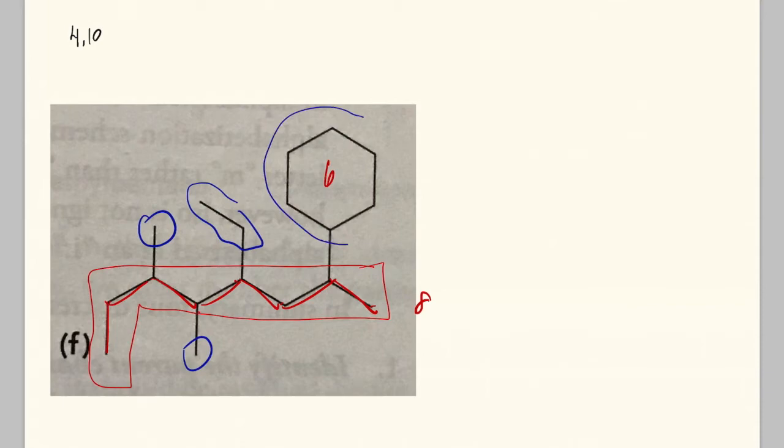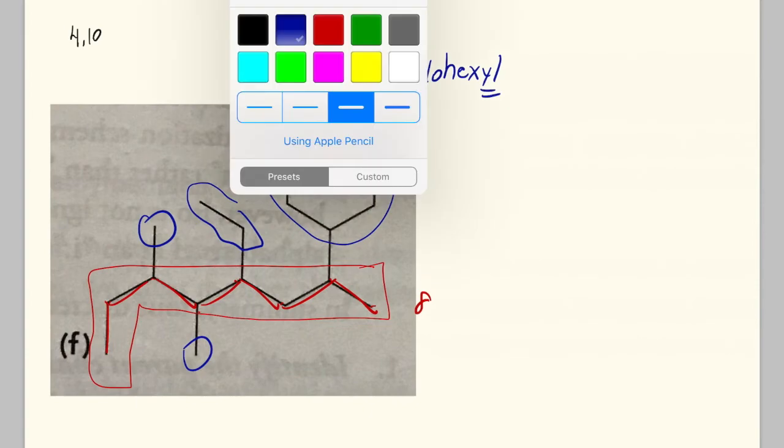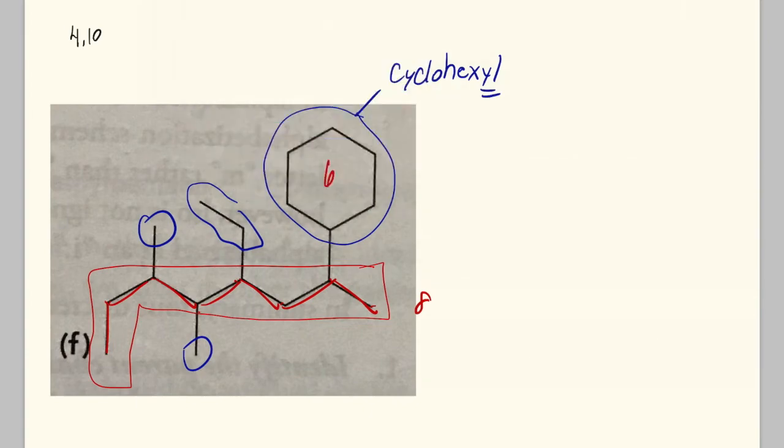Okay, I think we know what methyls and ethyls look like by now. This thing is called a cyclohexyl group. So make sure it ends in a YL if it's a group. Now we want to number the longest chain so that our first substituent is at a lower numbering. So we number it from right to left in this case.